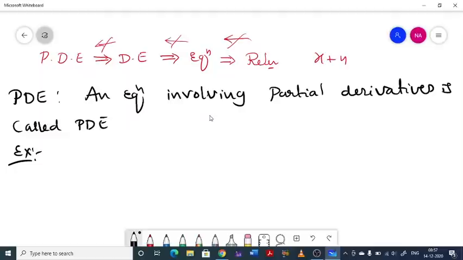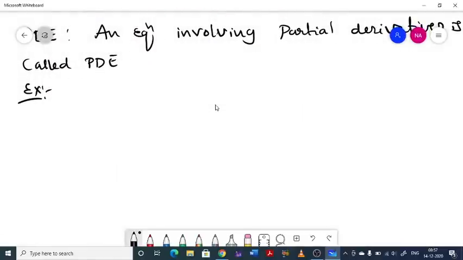Example, a simple example I will take. Throughout this example I will assume u equal to f of x comma y. It's a function in two variables.